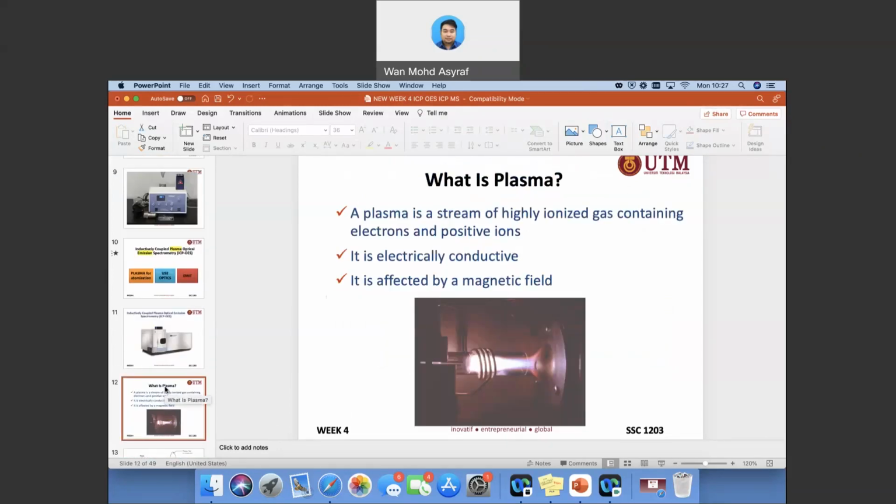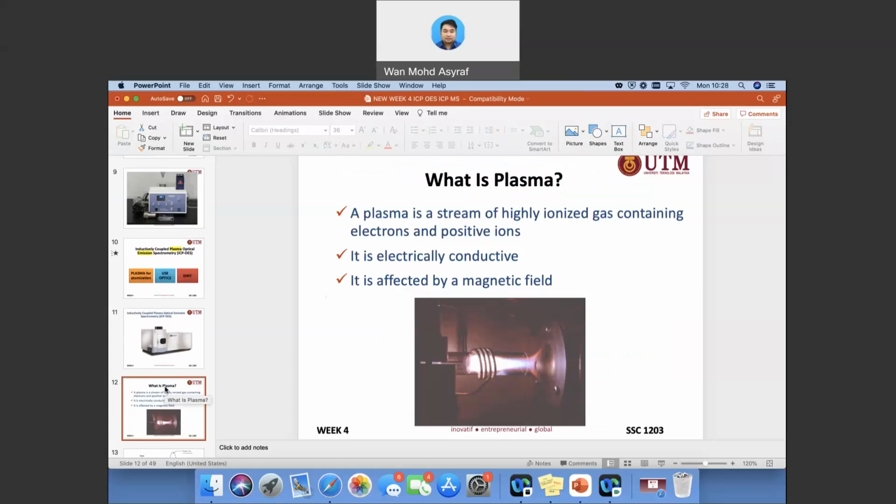All right, so now, as I mentioned before, you need to know what is plasma actually. So plasma is, in a nutshell, like a flame, okay? But a plasma is a stream of highly ionized gas containing electrons and positive ions. It is electrically conductive, and it is affected by a magnetic field.